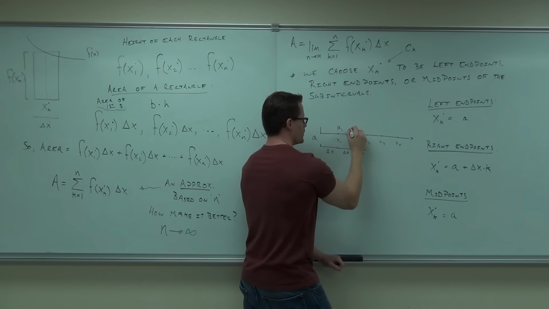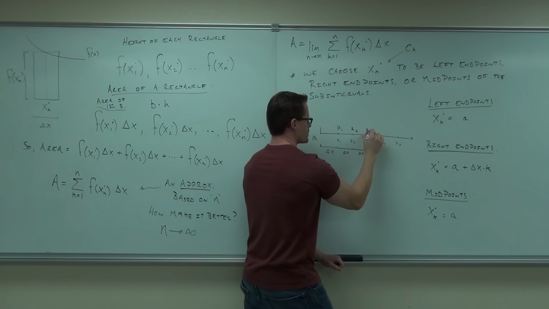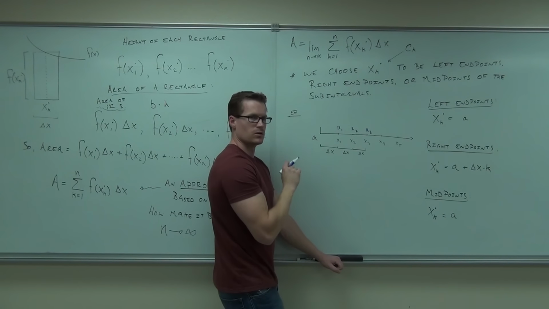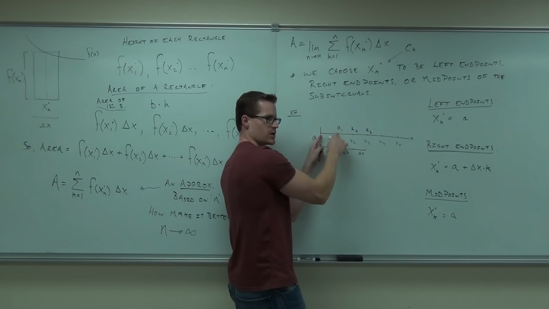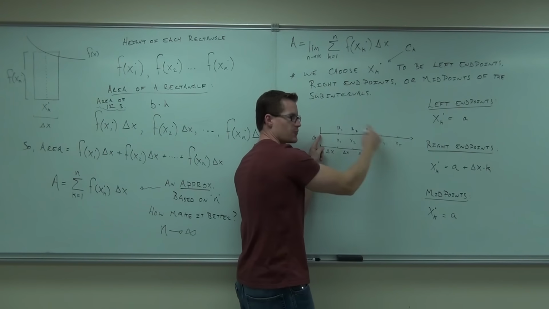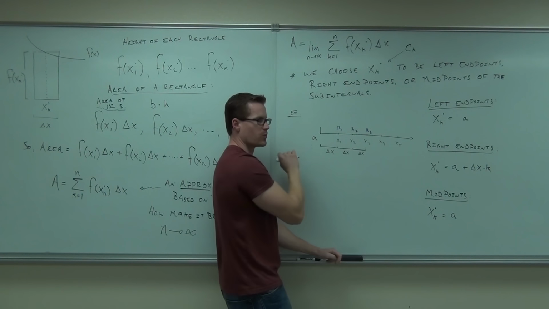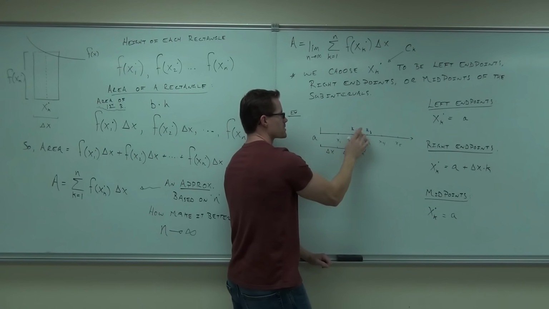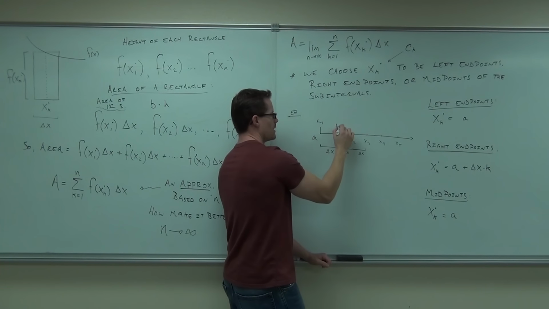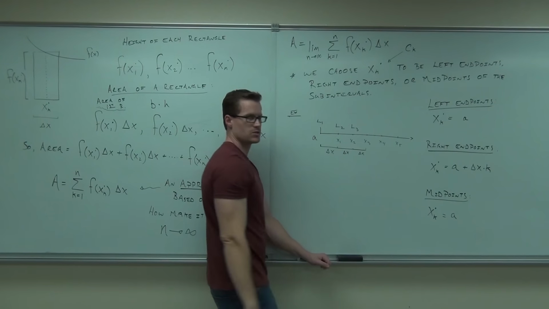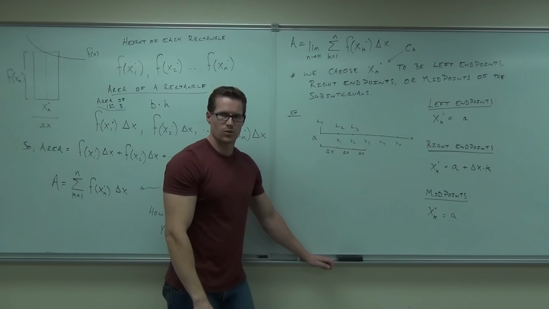Right 1, right 2, right 3. You get it? For right endpoints, that would be a plus delta x for the first one, a plus 2 delta x for the second one, a plus 3 delta x for the third one, a plus delta x times k for any of them. That's right endpoints. Left endpoints would do this. Left 1, left 2, left 3. Do you get that?